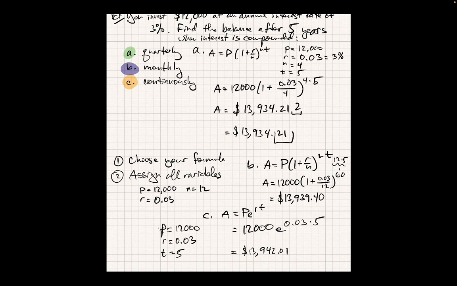So here was my answer for A. Here's my answer for B. And here's my answer for C. Sam asked where the 2 was coming from on part A, right above the answer.